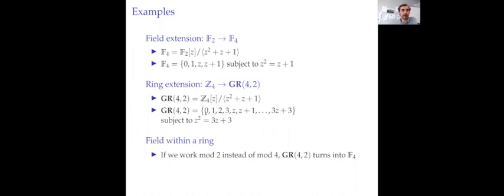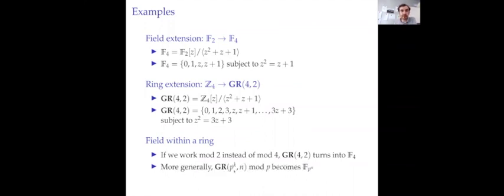If you work modulo 2, you would map 0 and 2 together, and you clump 1 and 3 together. So you would end up getting the same elements as here. I guess you would clump 4 of them together. So there are 16 elements here, and there are only 4 elements here. But you will just recover this field F4. Okay, so that's the sense in which there is a field sitting within this Galois ring always.